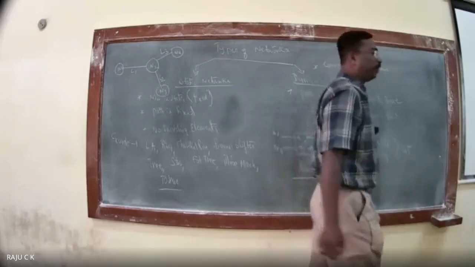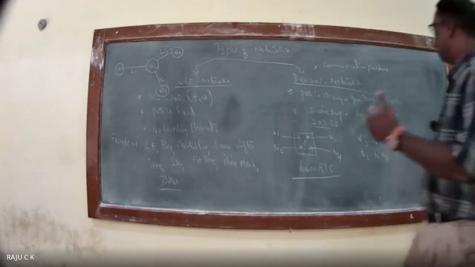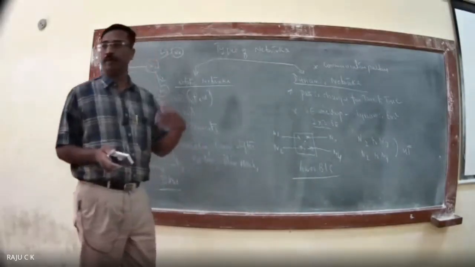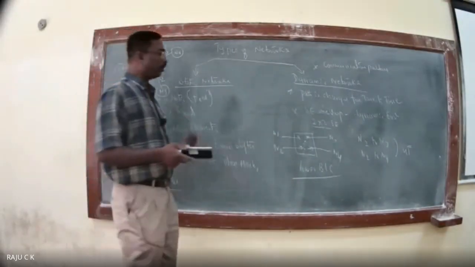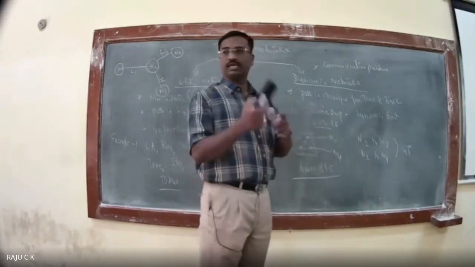So time interval number 1, time interval number 2, time interval number 3 and time interval number 4. In time interval number 1, we connect N1 to N3 and N2 to N4. Time interval number 2, N1 to N4 and N2 to N3, called a crossover.